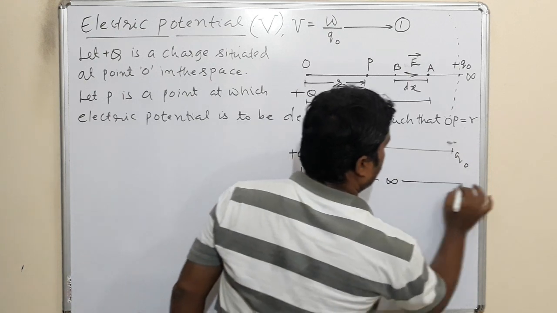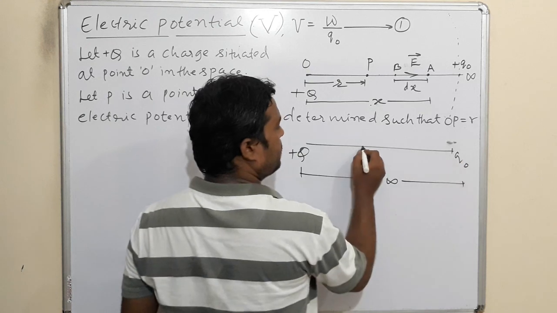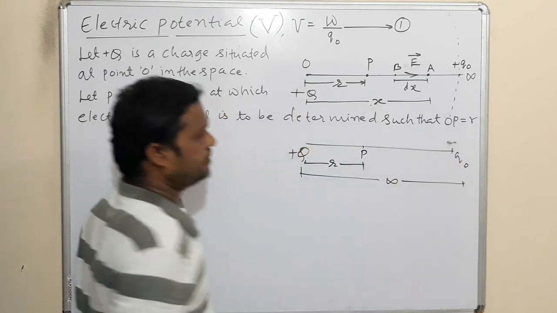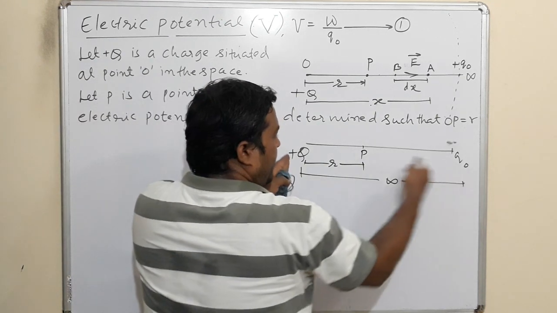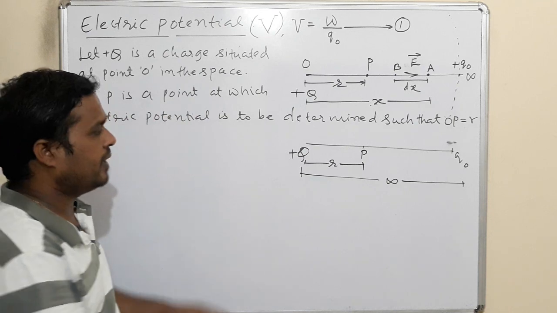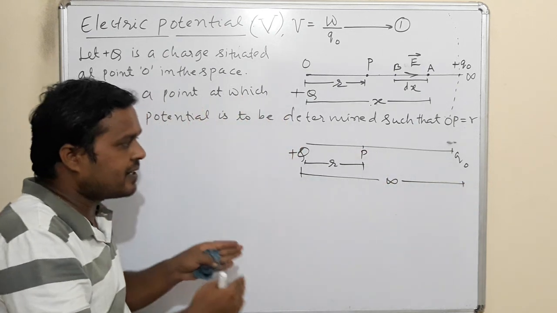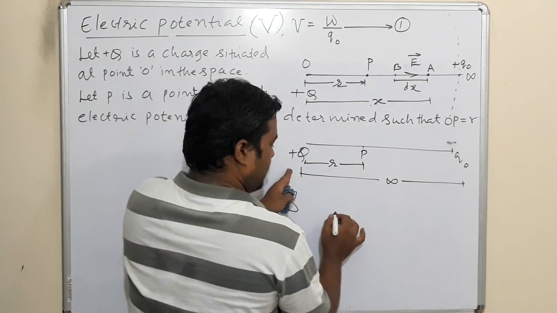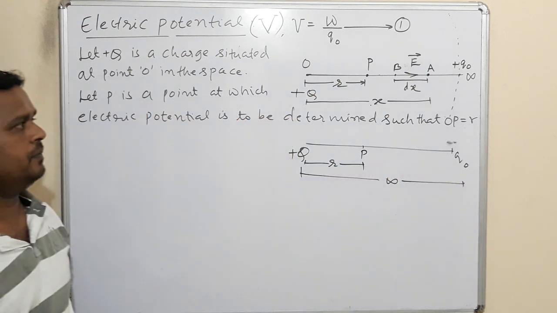The distance of q naught initially is infinity. I am bringing this q naught from infinity to point P, which means the distance is r. That means I am reducing this distance from infinity to r. So what are my distance limits? I should start from infinity and reduce this distance to r.